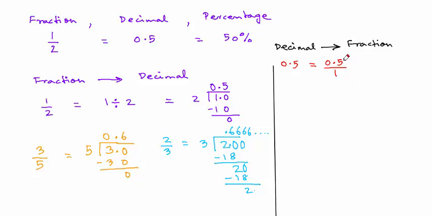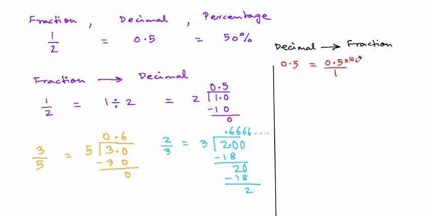But this isn't a common fraction, because in a common fraction you have an integer numerator and an integer denominator. In this case, the numerator is not an integer, it's a decimal. So you want to change the numerator to an integer by multiplying it by a suitable power of 10. In this case, you just want to shift the decimal point one place to the right, therefore you multiply it by 10.